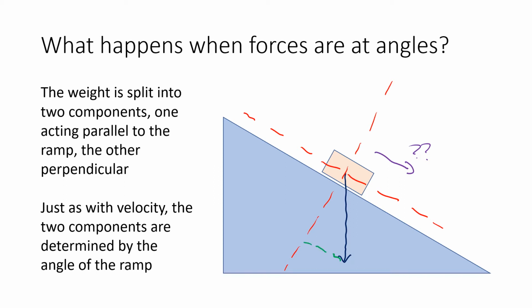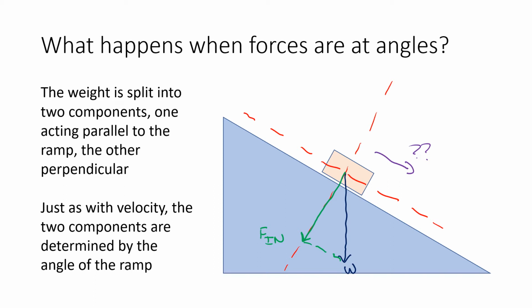So we'll go over to that perpendicular axis and get that force going this way. This is going to be the force of gravity that's actually pushing into the ramp. Part of that weight is going to be a force that's driving the block into the hill, making sure it doesn't come off the hill.